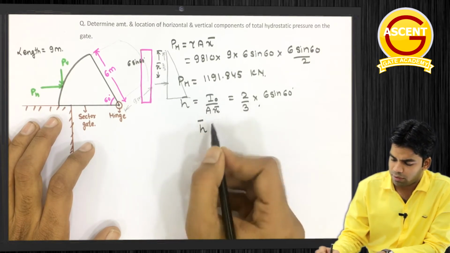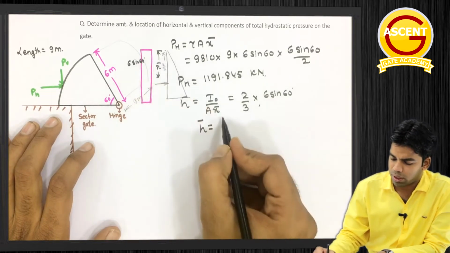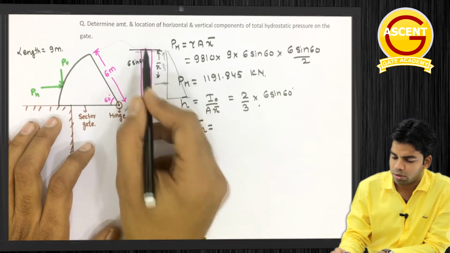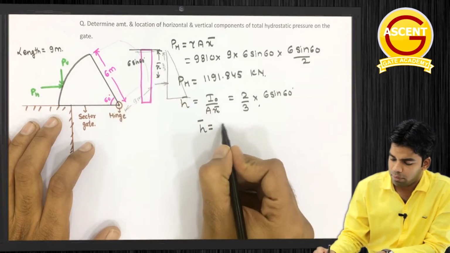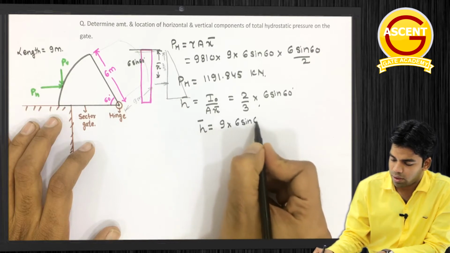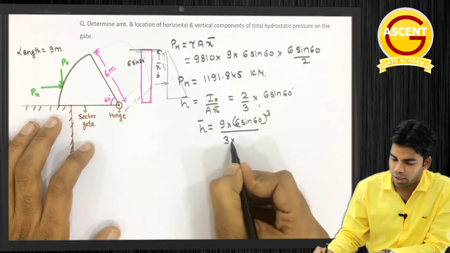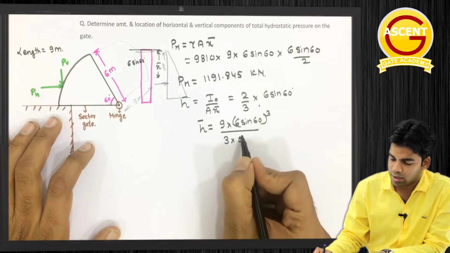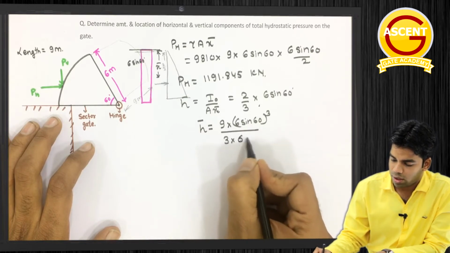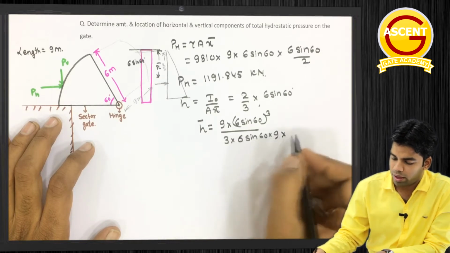So from this I will tell you again. This will be equal to I naught, which is BH cube by 3, about the base. B is 9, H cube is 6 sine 60 whole cube, by 3 into area, which is again 6 sine 60 into 9, into x bar.